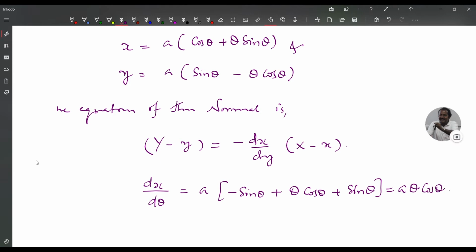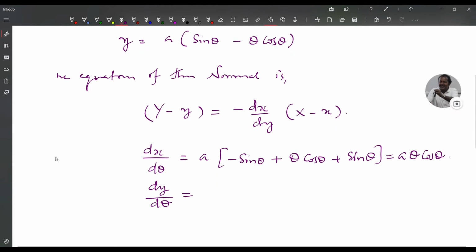And dy by d theta is a into cos theta minus theta sin theta, so it is plus theta sin theta minus cos theta.